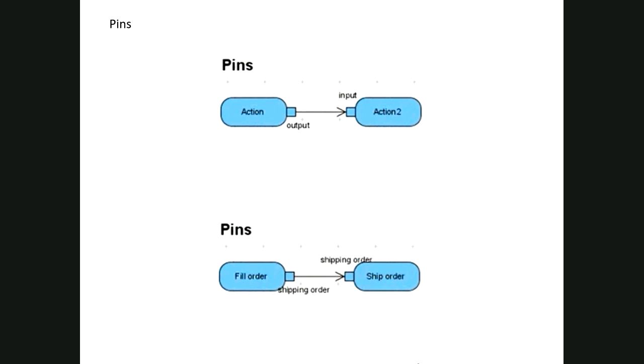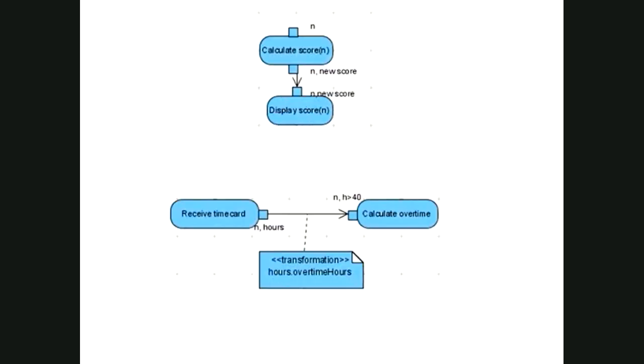Now suppose you want to change this. You say that okay, यहाँ से तो मैं कुछ भेज रहा हूँ, यहाँ से मैं x भेज रहा हूँ, लेकिन वो as x यहाँ पे इनपुट नहीं जाना चाहिए. That should transfer. For example, this is my receive time card. This is the time, how many hours the employees are working in an organization. This activity is representing that. Now this is the second activity, that is calculating the overtime.